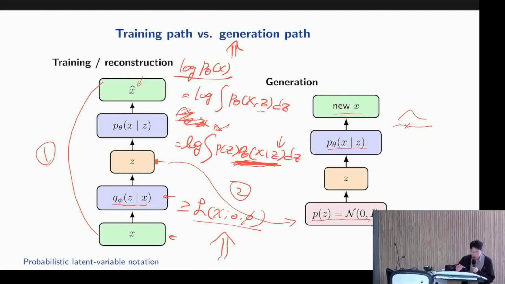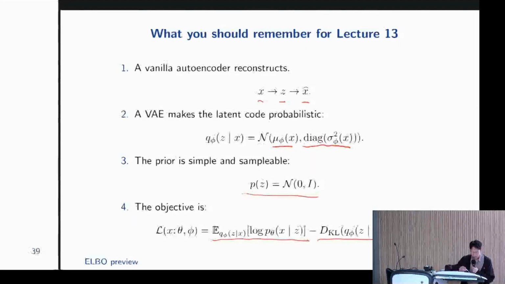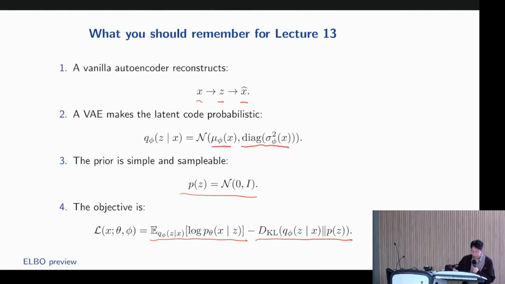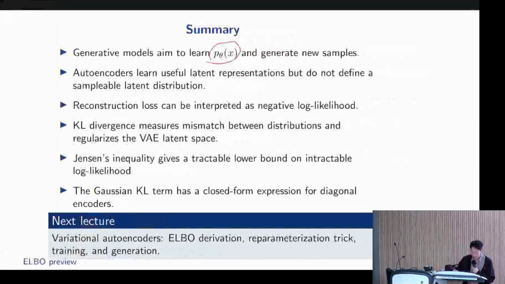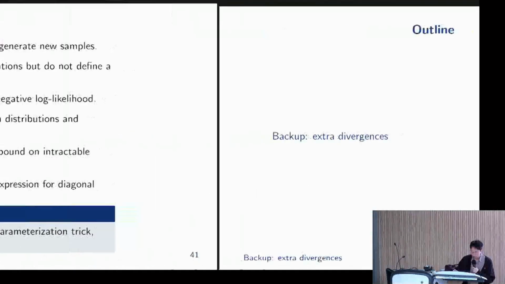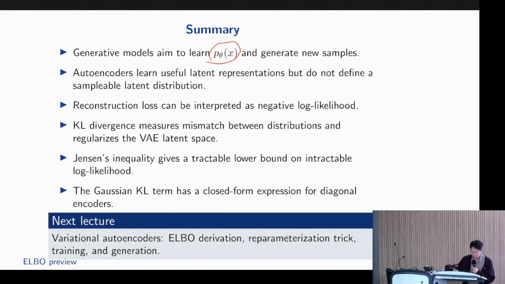And some of the useful mathematical tools were: we discussed KL divergence between two probability distributions. And it turns out when the two distributions are Gaussian, then we have a closed form solution for KL divergence.